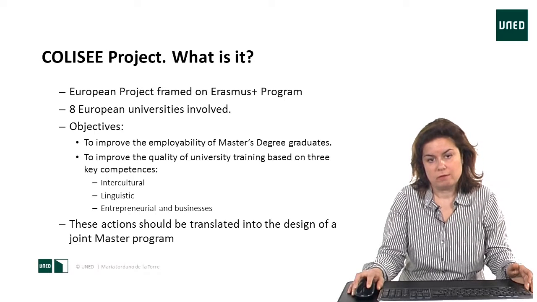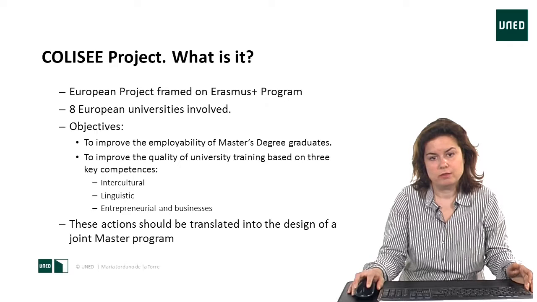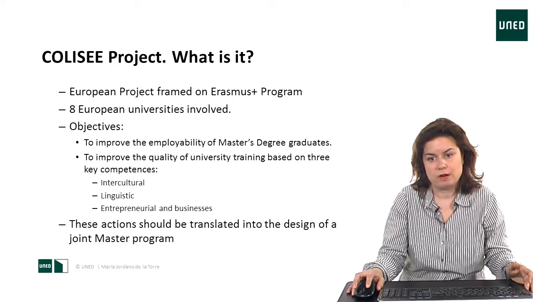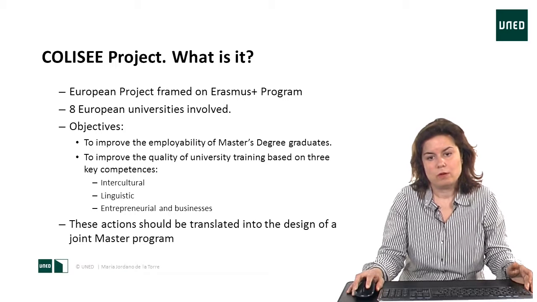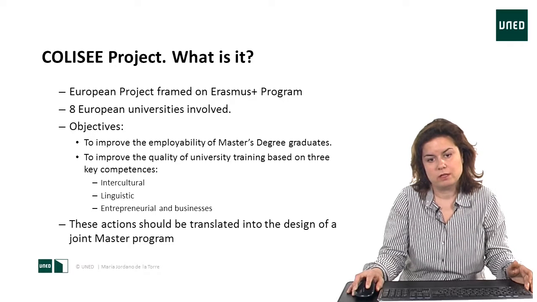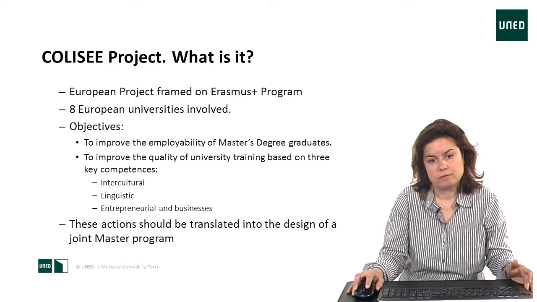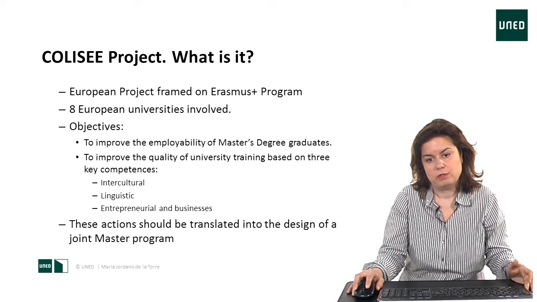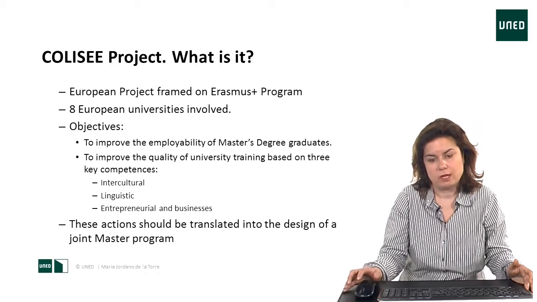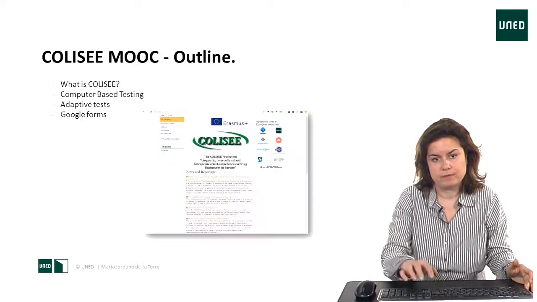Their main objectives are to improve the employability of master's degree graduates and to improve the quality of university training based on 3 key competences: intercultural, linguistic, and entrepreneurial and businesses. These actions should be translated into the design of a joint master program later on in other projects.